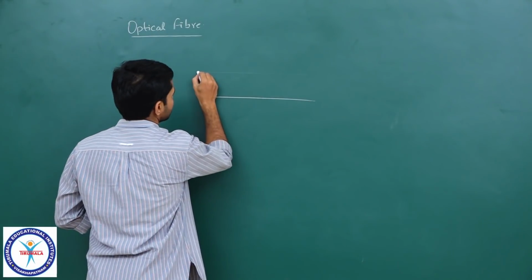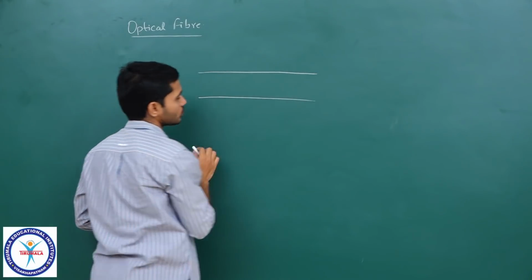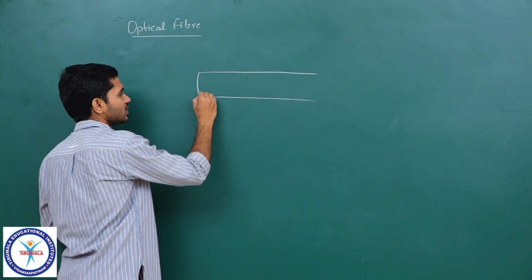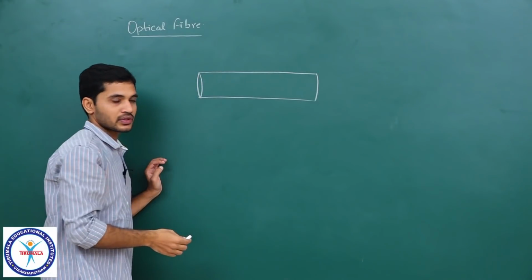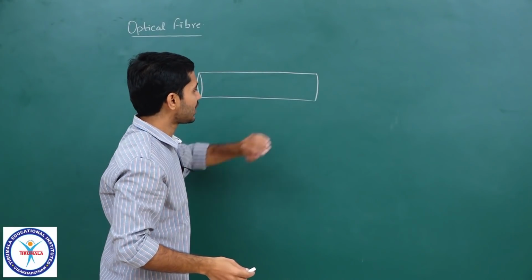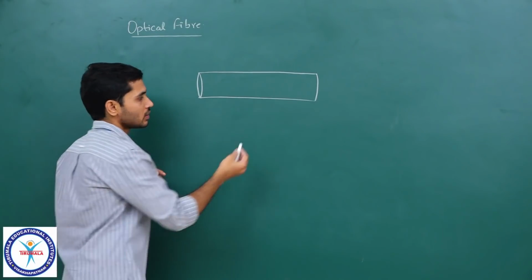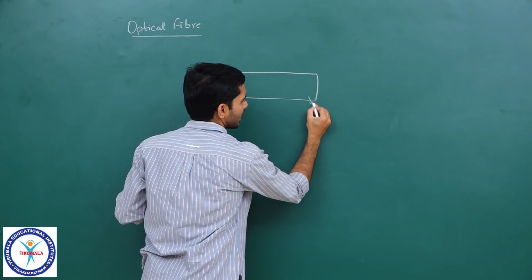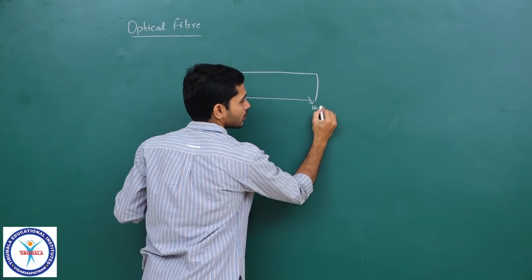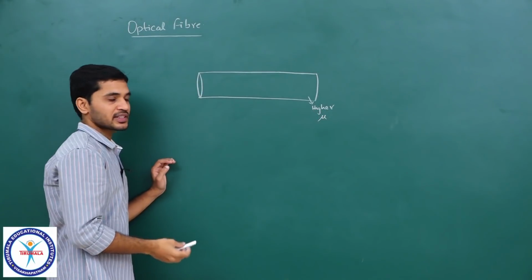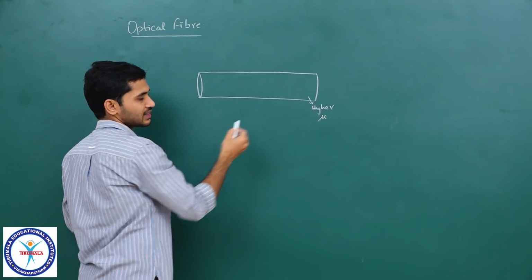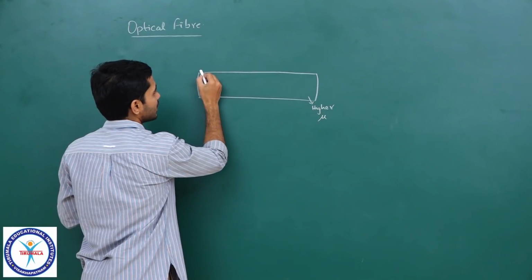a transparent medium like this. You can consider it to be a cylindrical kind of structure, right. So, it would be like this, it is a transparent medium, and this will generally have a higher refractive index, higher mu, and what happens is that they would coat this optical fiber with some material.